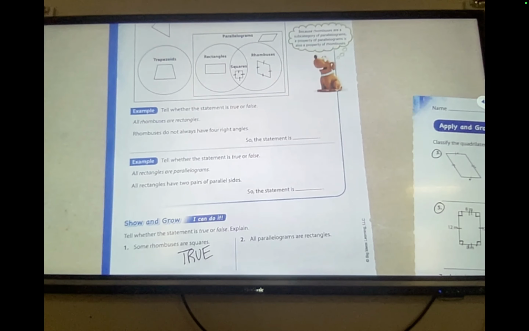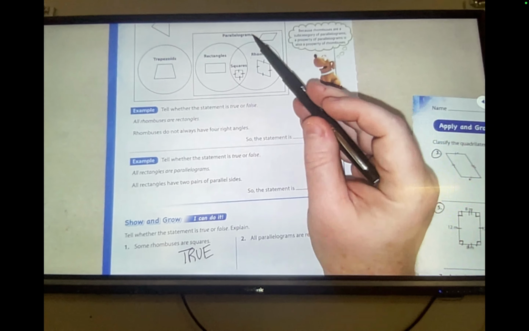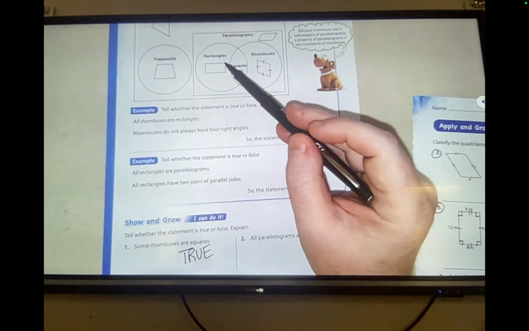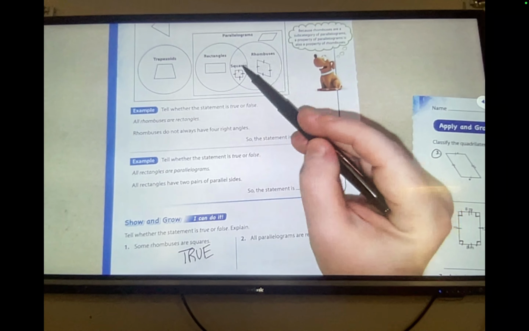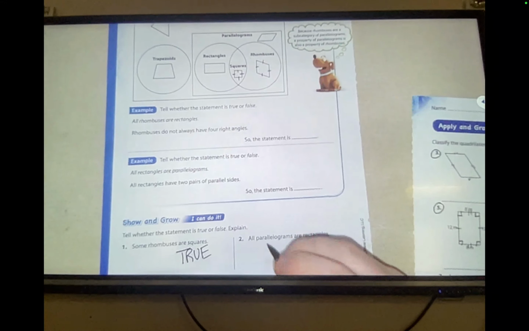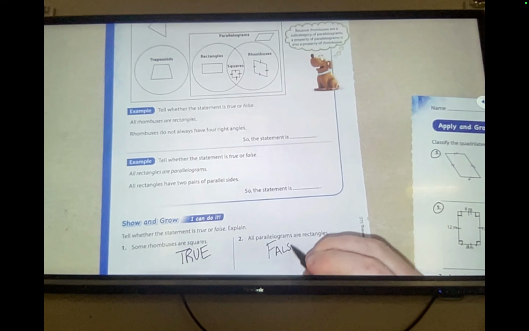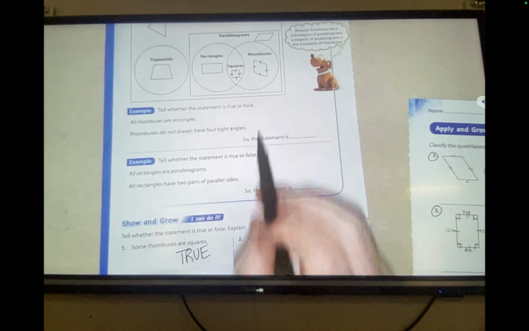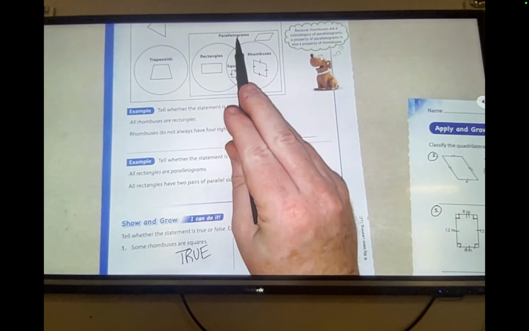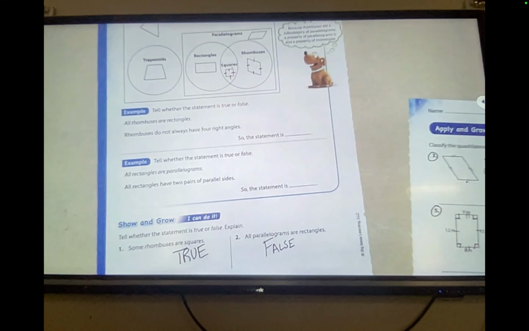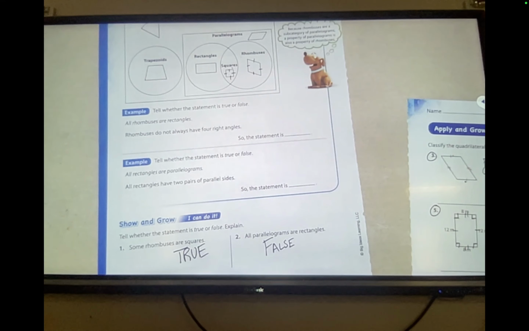What about number 2? All parallelograms are rectangles. If it's a parallelogram, is it always going to be a rectangle? No, because it also could be a rhombus or a square. So we're going to say that is false. It's not saying parallelograms and rectangles are all it can be. So that one's pretty easy. You just have to think each question through.